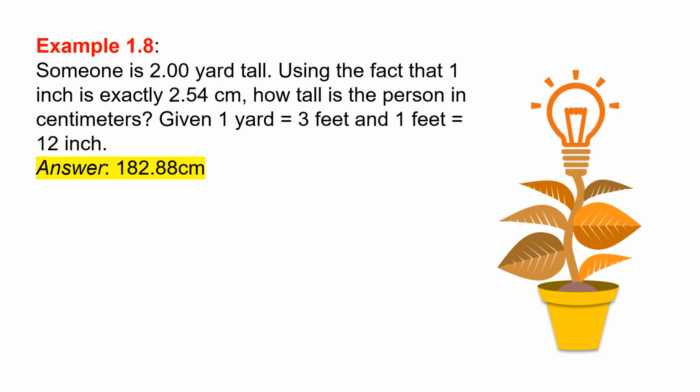Okay, the next example. Someone is 2 yards tall, using the fact that 1 inch is exactly 2.54 cm. How tall is the person in centimeters? Given 1 yard is equal to 3 feet and 1 foot is equal to 12 inches. So these are all conversions. The value here is 2 yards. You know 1 yard equals 3 feet.